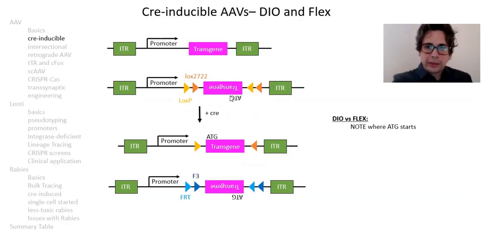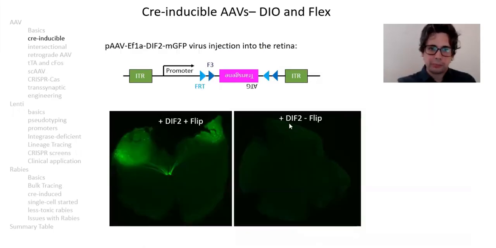Now, the problem is that some older variants of these viruses that were named as FLEX have an ATG right outside here, outside the promoter, meaning that you're always transcribing some junk and might be translating something, depending on how the construct is put together. And this is generally not what you'd want, but sometimes you do if you actually have a lot of leak from this other thing here. So this is just something to bear in mind.